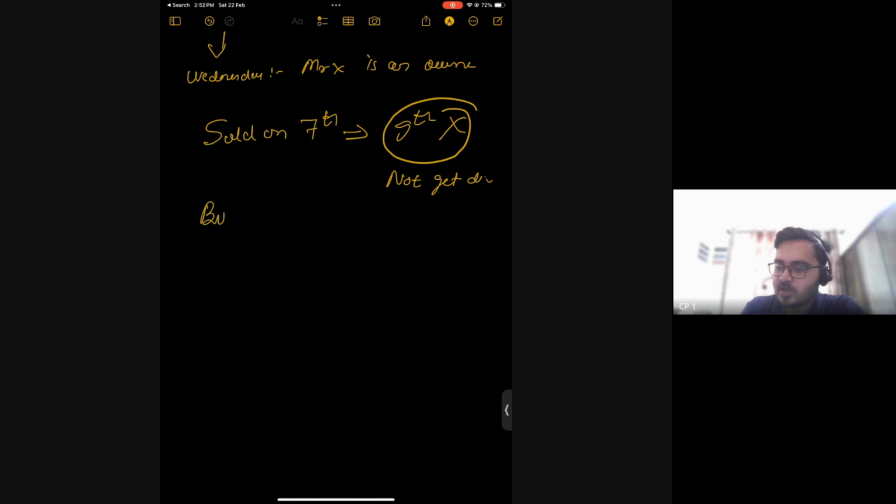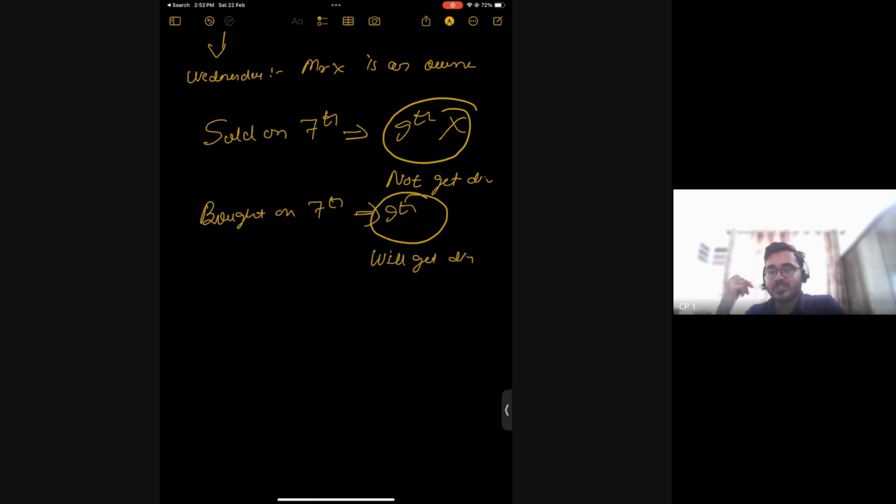Similarly, if someone bought on 7th, by 9th it will be reflected in his account, which means he will get dividend. So you have two separate dates in order to identify the entitlement. So first you declare. Along with declaration, you also have something called ex dividend date. You need to be an owner on ex dividend date in order to get dividend. Usually 2 days after ex dividend date is the record date.